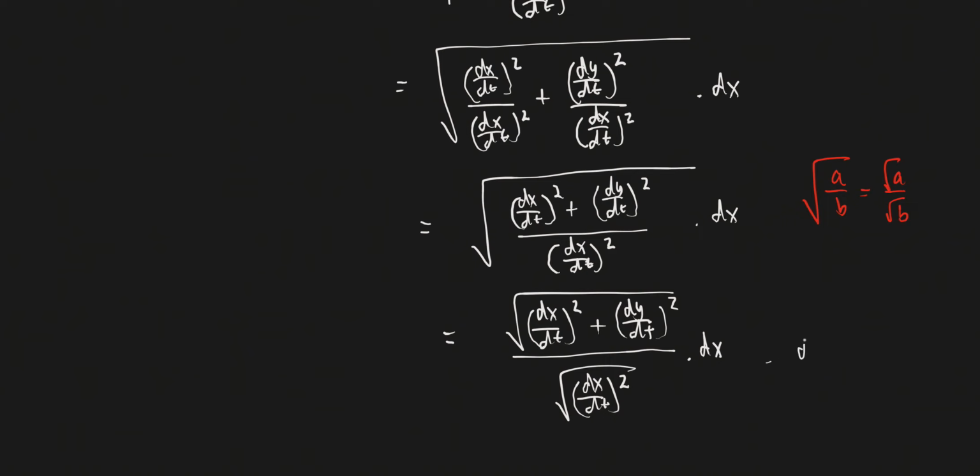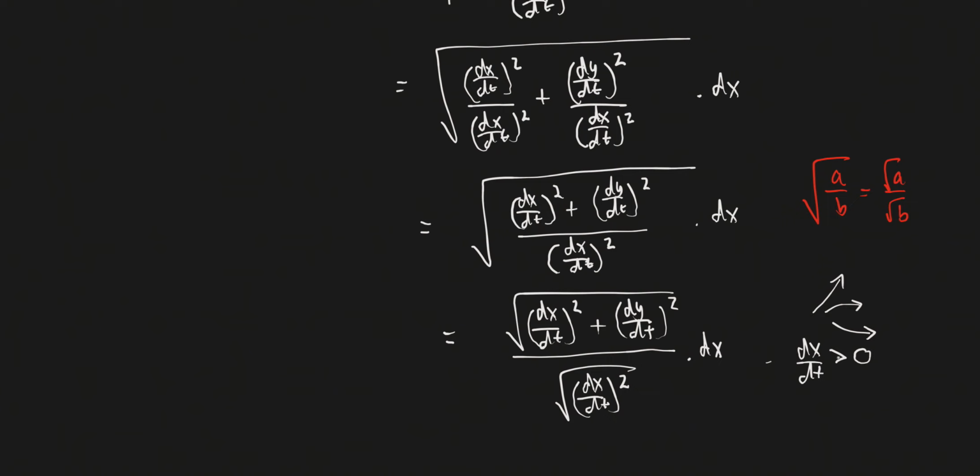What this means is that the curve is oriented towards the right. If the rate of change of x with respect to t is always positive, then x is always increasing. So the curve is going in that direction, something like this.